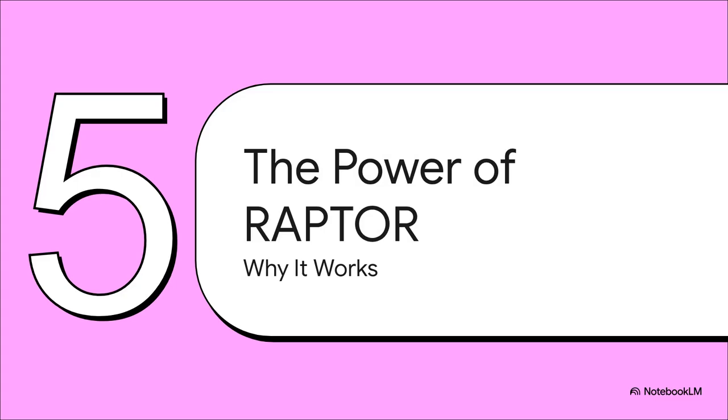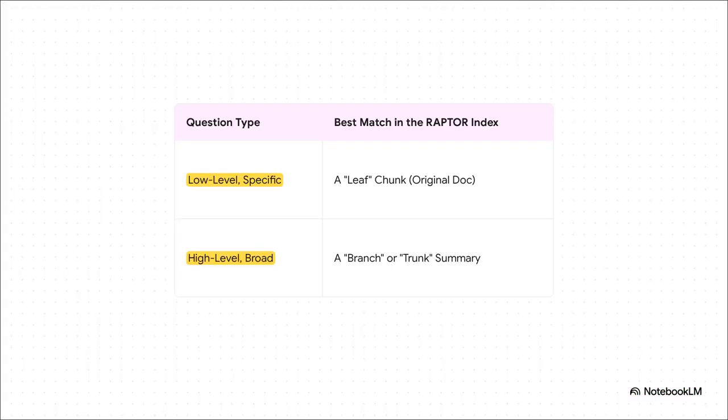Okay, but why go through all this trouble? What's the big payoff? Well, it brings us right back to that problem we started with. How do you handle all the different kinds of questions users ask? It's actually pretty brilliant. Because everything is in that one index, the system can now find the perfect level of detail for any question you throw at it.